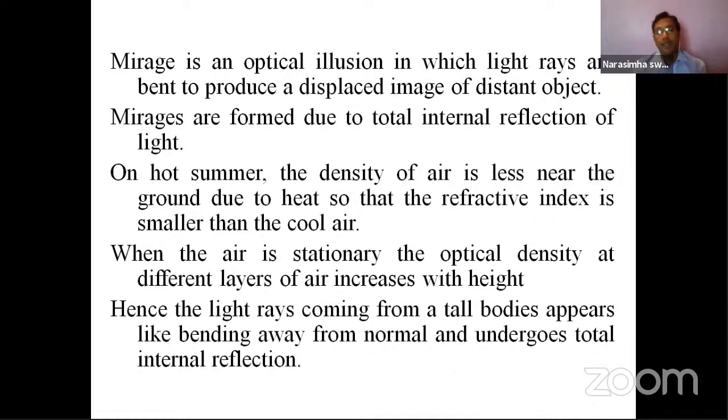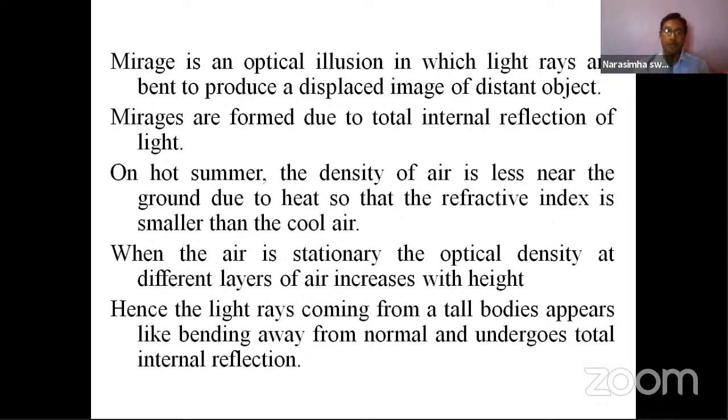Hence the light rays coming from tall bodies, like a tree, big trees, while you are traveling in hot summer through cars, if you look at the roads, those are the mirages.